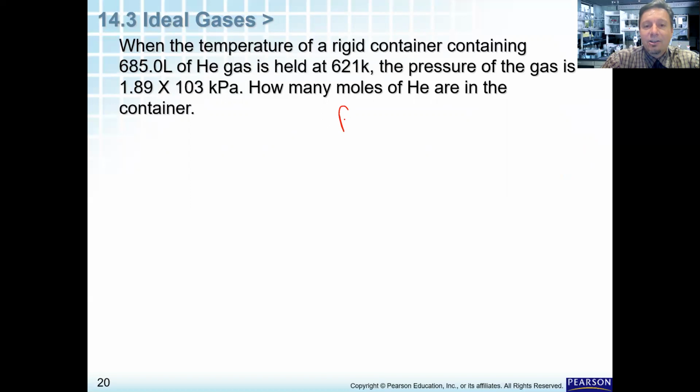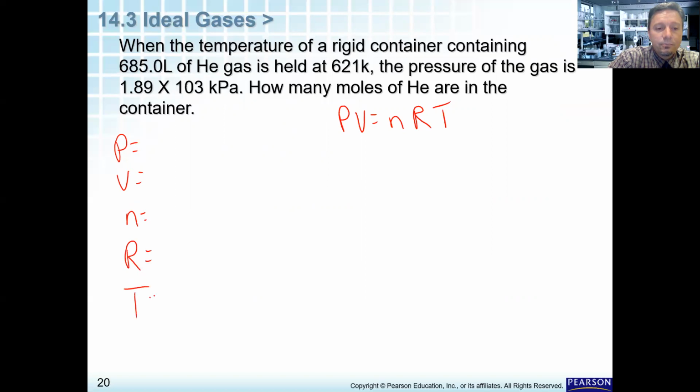So I'm going to write down here, PV equals nRT. Now I'm going to start listing everything. I have to write down my pressure, my volume, my moles, my R value, and my temperature. So let's write everything down here.